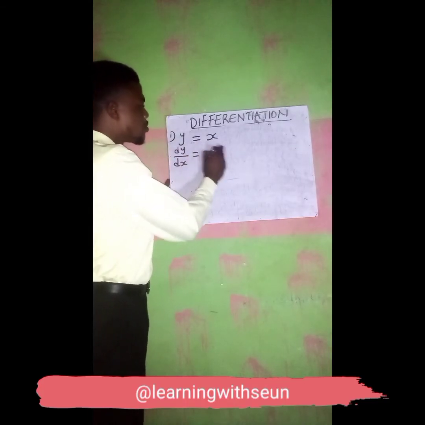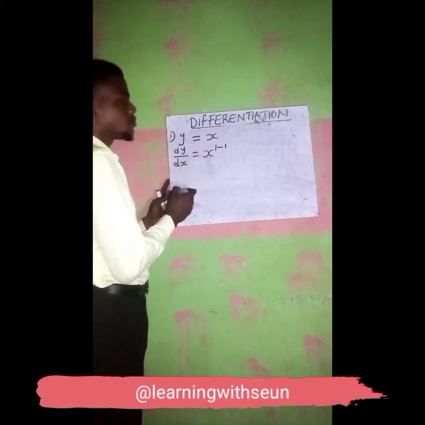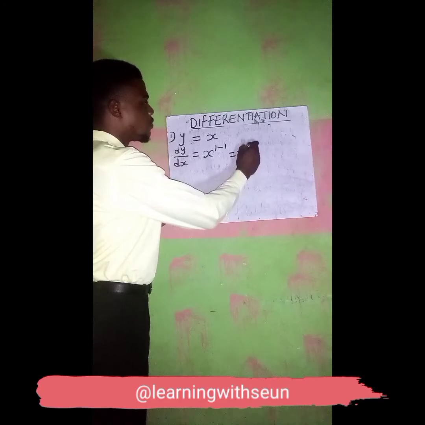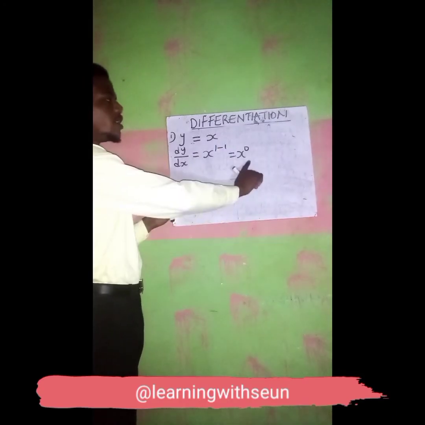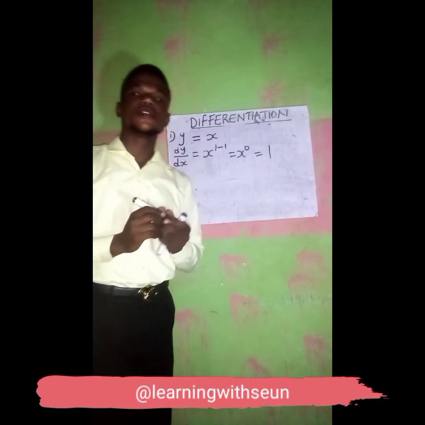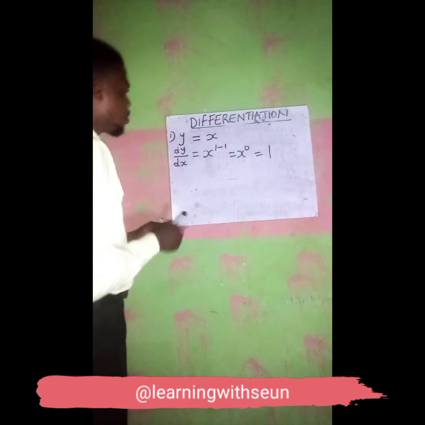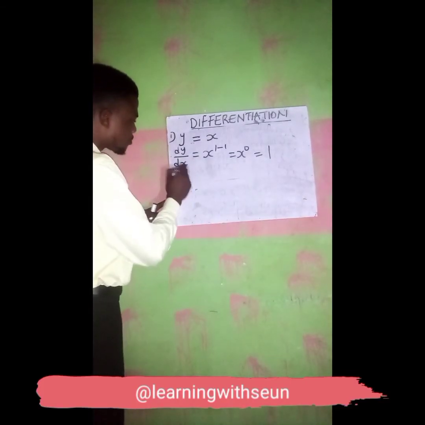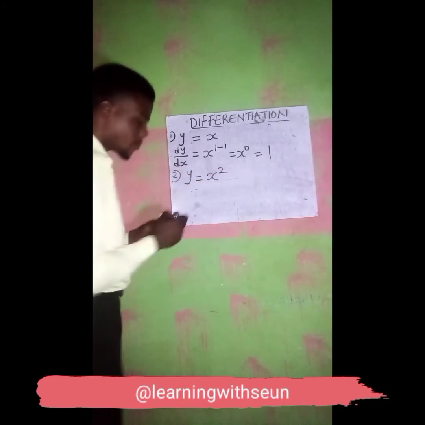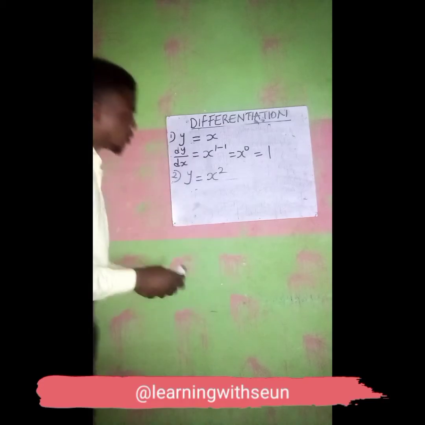That's x raised to the power of 1 minus 1, which is x raised to the power of 0. So my answer will be 1, because anything raised to the power of 0 is 1. So let's assume you are given y equals x squared.